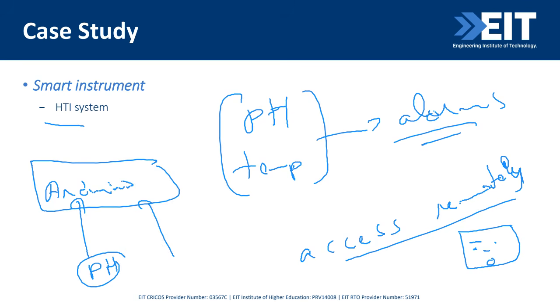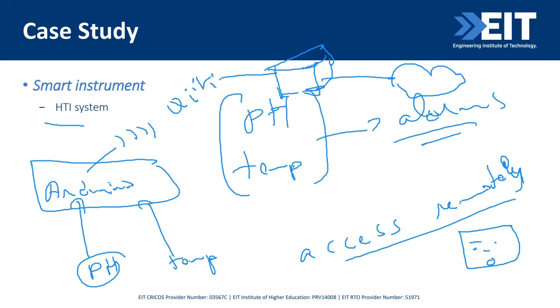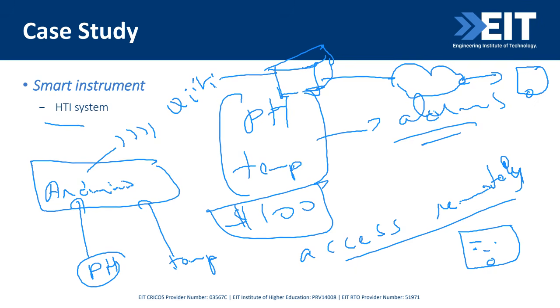The Arduino connected over Wi-Fi, and then it connected to a server, and from the server we had access remotely. Okay, the whole application, the whole thing, $100. Okay, so this is an example where you can build a complete system like with $100. It's an IoT application.